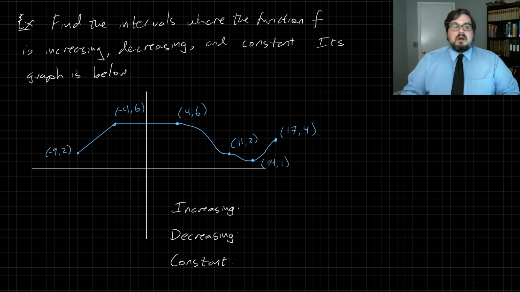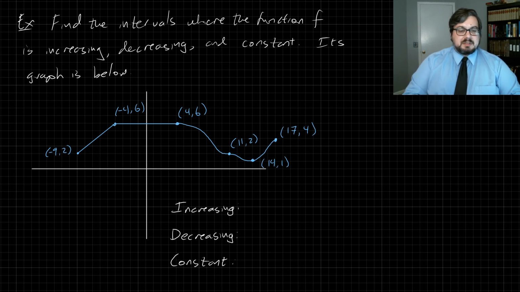All right, so one thing we can do is just start moving left to right rather than trying to look for all the intervals where the function's increasing or where it's decreasing or where it's constant. I find it's usually more helpful to just start reading at the left end of the graph and move to the right. And that way you cover everything, and for each interval you get, you just record it down below.